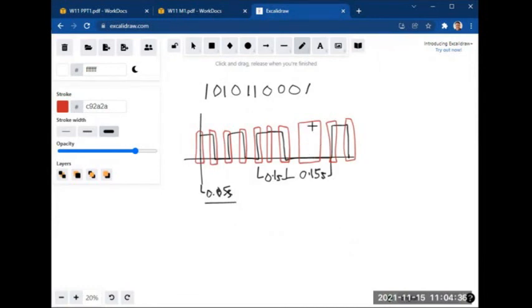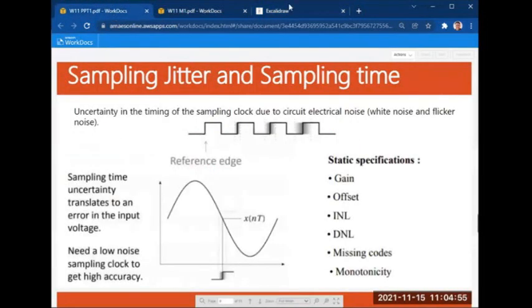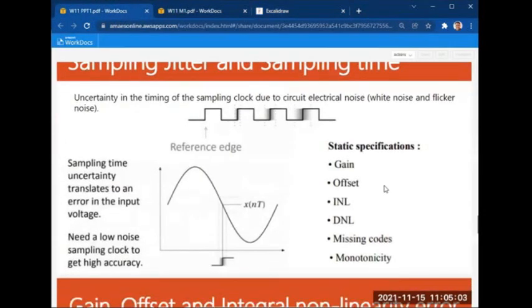So instead of measuring three zeros, the output will now say 1 0 1 0 1 1, with only two zeros and one. See the error? So this is one instance wherein the sampling jitter affects the output.